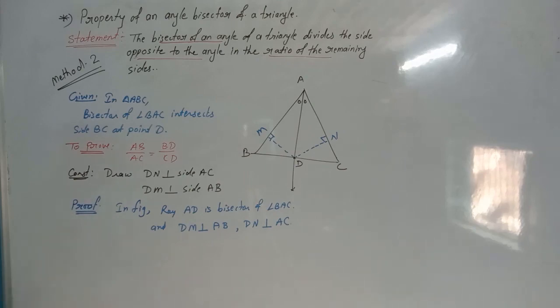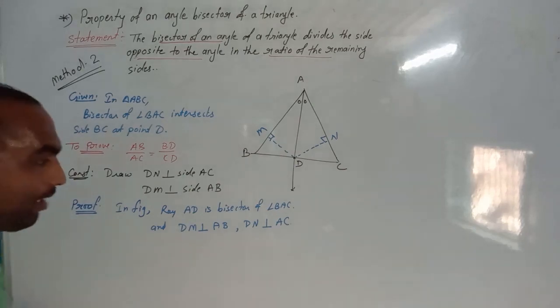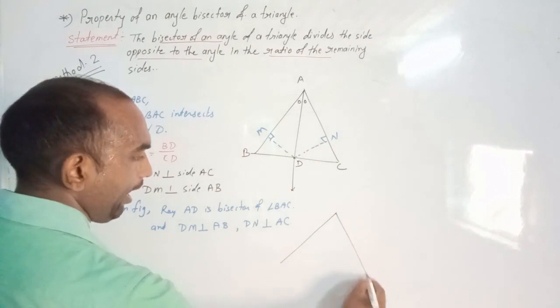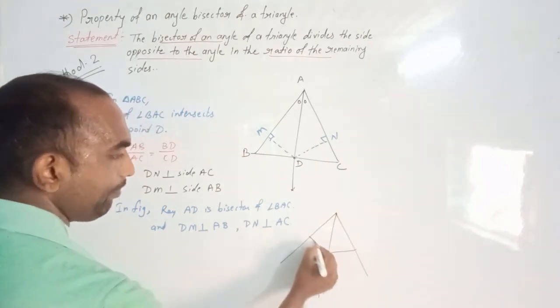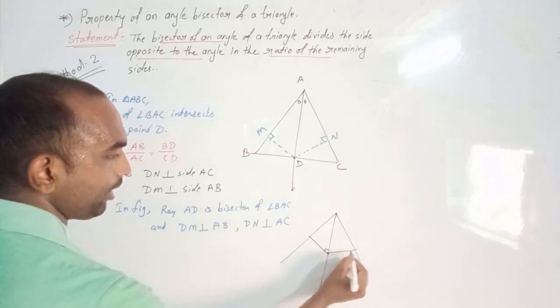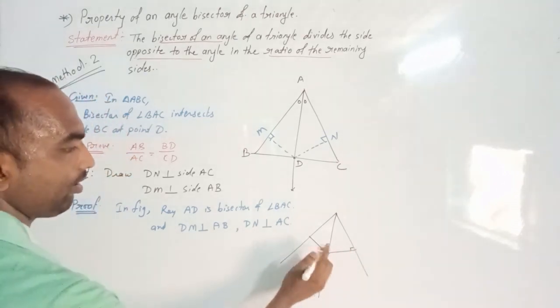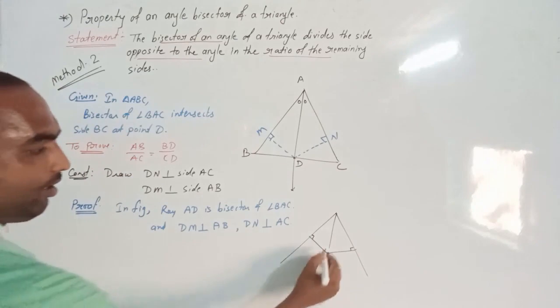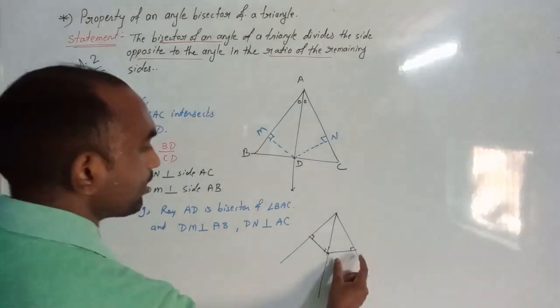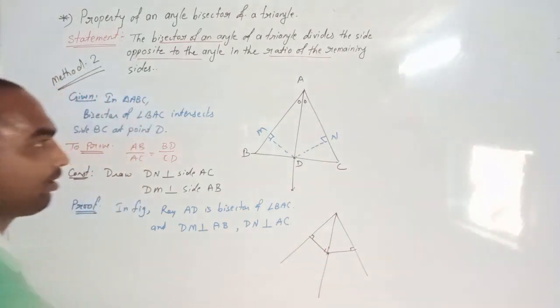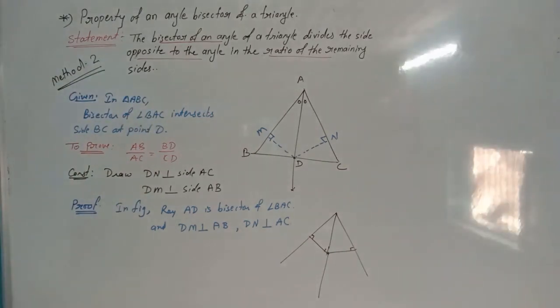What the theorem said? First we will see that. Theorem says that in an angle, if you draw the bisector and if you take any perpendicular distance from these two sides, if you take any point on an angle bisector, correct? So that is equal distance from the sides of an angle. That was the theorem on an angle bisector.